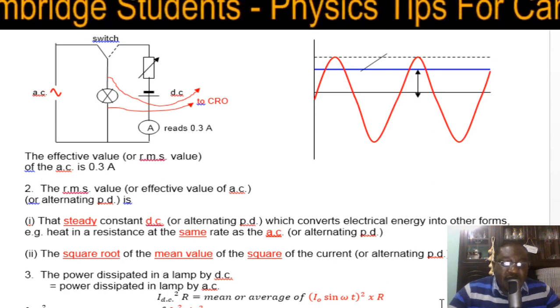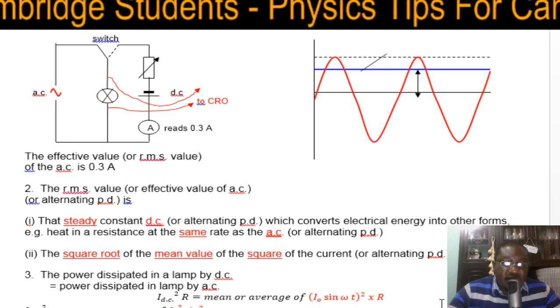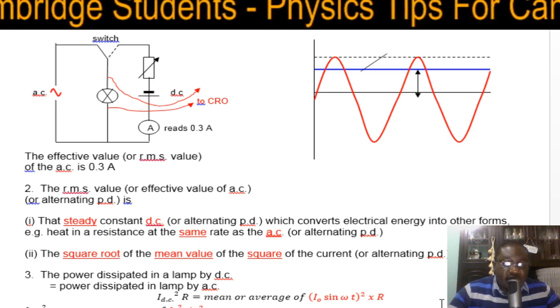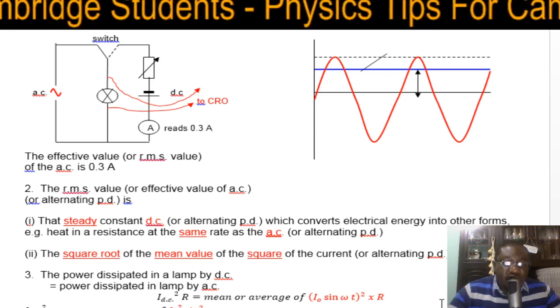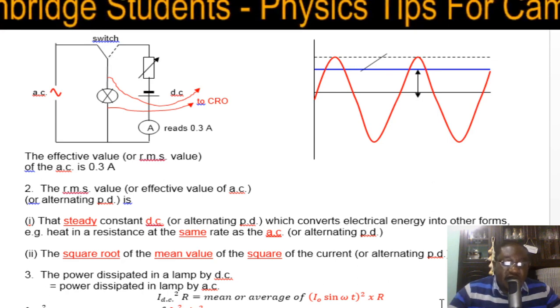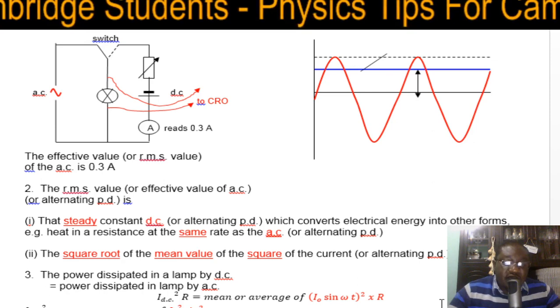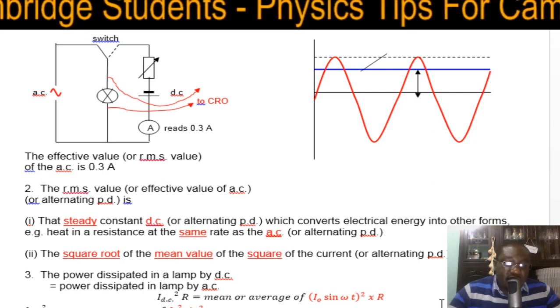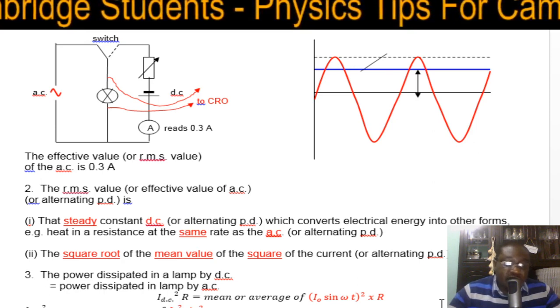So this could apply either way. You could say that a steady DC voltage or alternating PD converts electrical energy at the same rate, whether AC or DC.